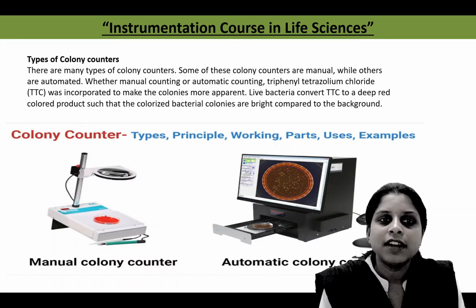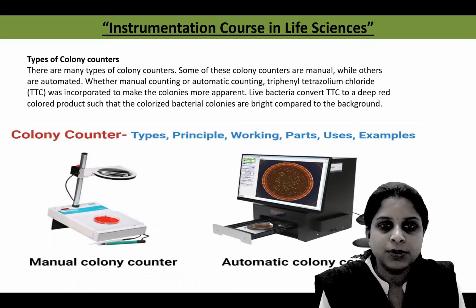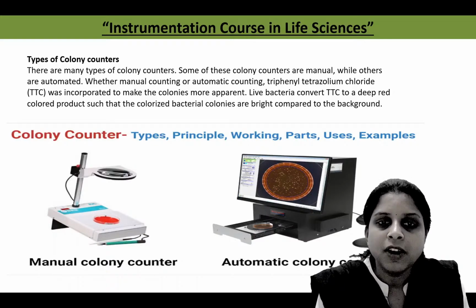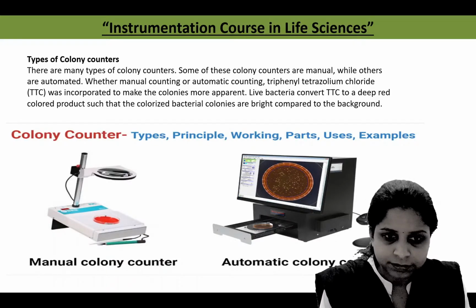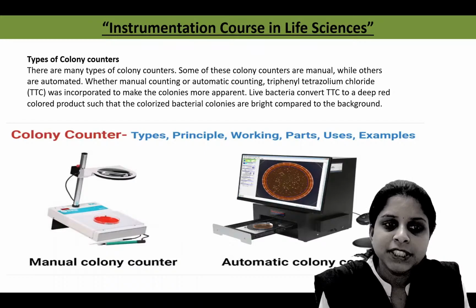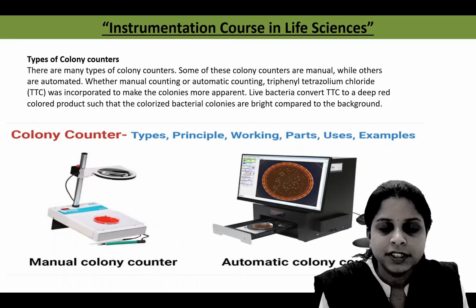Next, there are different types of colony counters. The first one is the manual colony counter and the second one is the automatic colony counter. On the screen, the images of both colony counters are displayed. The first one is the manual colony counter.